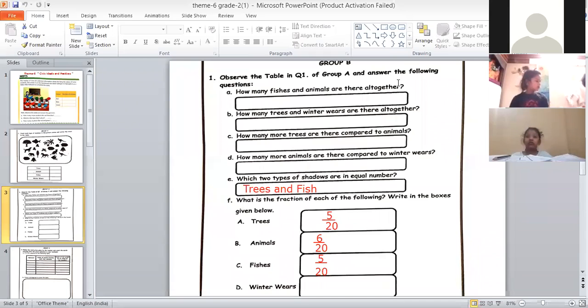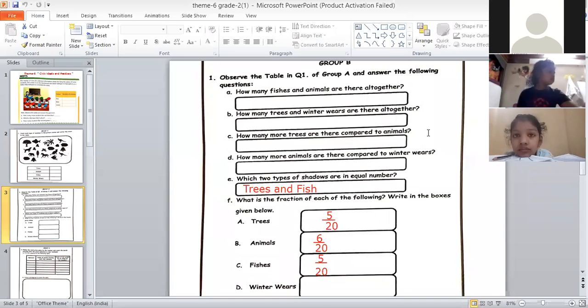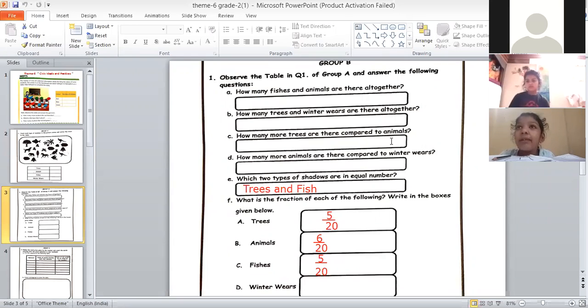Say 5 upon 20. Yes, that's 5 upon 20. Of is not there.